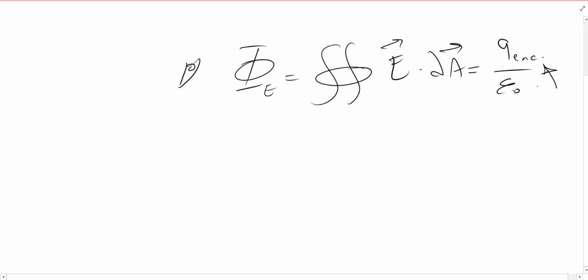A lot of you got it correct, at least they noticed this relationship, but even those who got it correct, instead of dividing by epsilon naught, they were multiplying by epsilon naught. So basically, they were taking the charge enclosed. Let's take the first one, for example, the first surface, which is kind of easy, because it gives me the charge enclosed, which basically was 6.2 nanocoulombs.